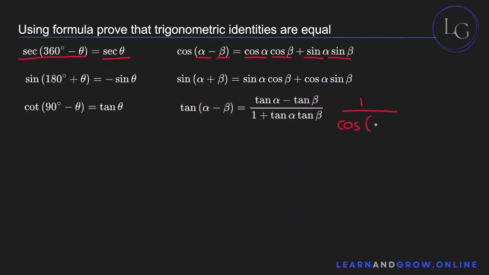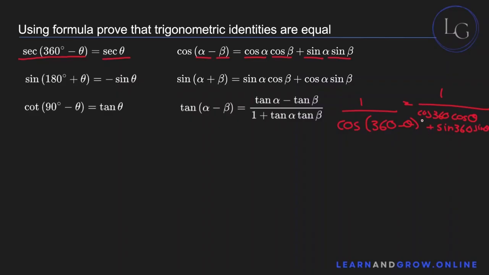cos 360 minus theta is basically just equal to 1 over cos alpha cos beta, and alpha is 360, so cos 360 cos theta plus sine 360 sine theta.